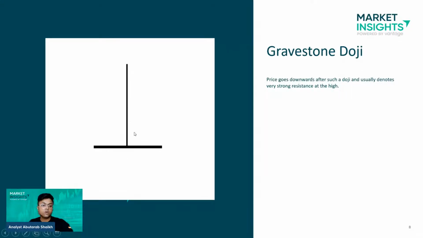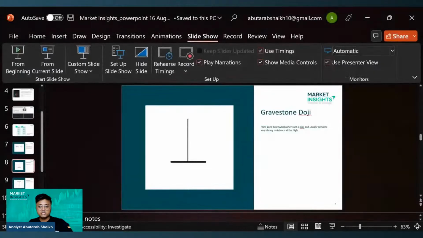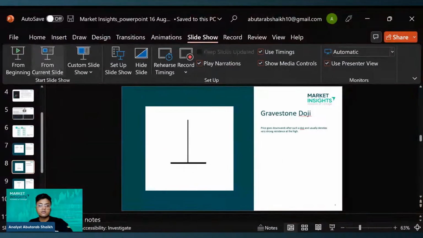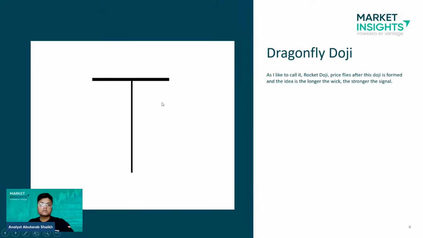It covered all the gains and went all the way back to the opening price. Understood? Similar thing in the dragonfly doji: support came in, a lot of buyers came in, and they pushed the price back to the open level. This is a very strong candle, the dragonfly.